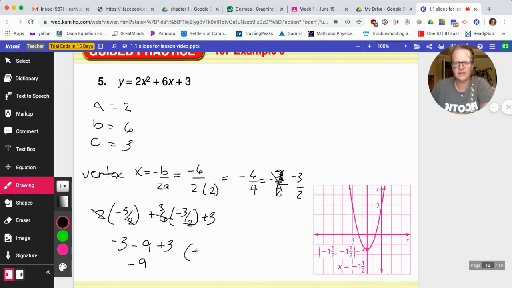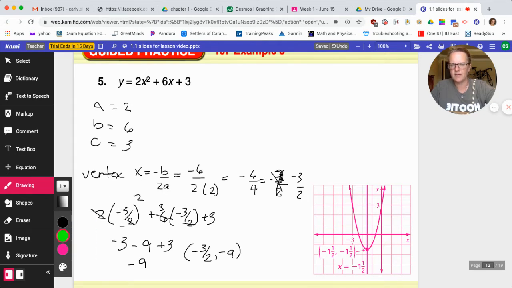So my ordered pair is negative 3 halves, negative 9, which doesn't seem right. Number 5. It's not. X value is negative 3 halves, which is correct. And somehow I've made, oh, I didn't square this. That would be my first mistake.